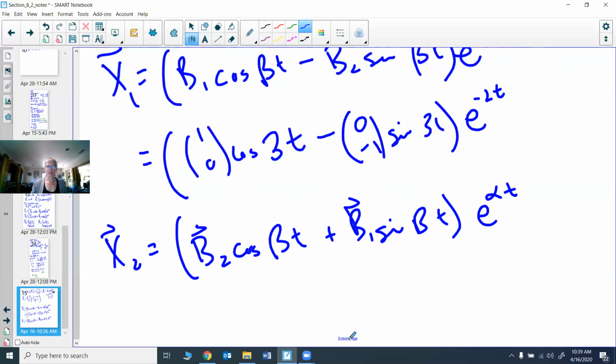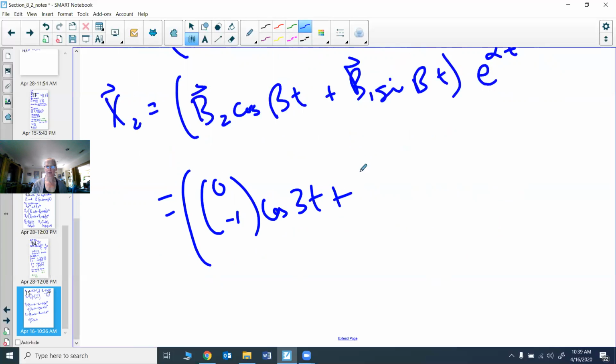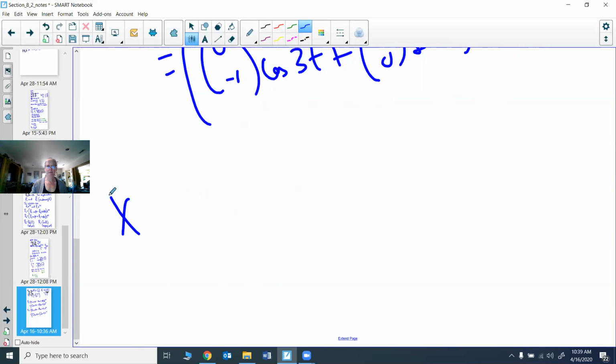So that means my x2 is 0, -1 cosine of 3t plus 1, 0 sine of 3t, e to the -2t. And then we can put this all together to get your x. X again is always c1 times x1 plus c2 times x2.